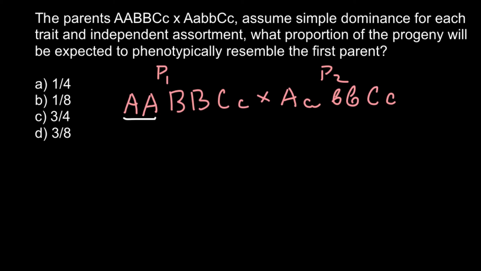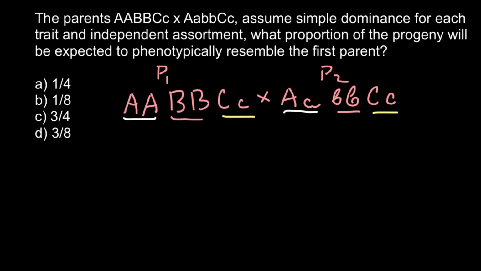This is going to be one allelic pair of parent 1. This is going to be the same allelic pair of parent 2. This is going to be the second and third. So basically, because we are told that we have simple dominance for each trait and independent assortment of each allelic pair, that means that these genes are on different chromosomes.